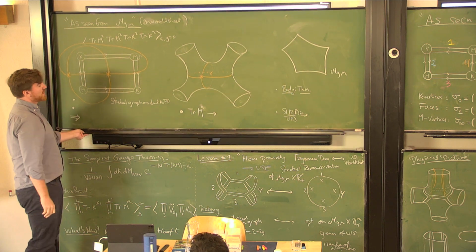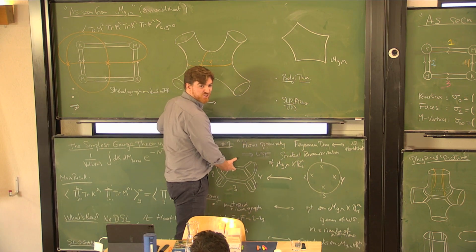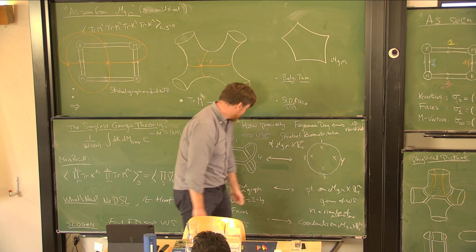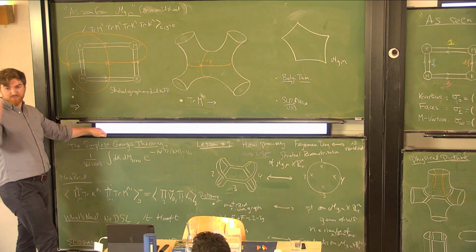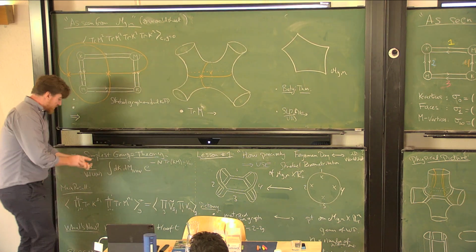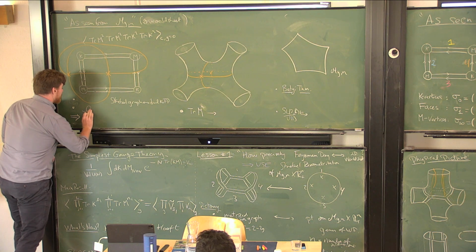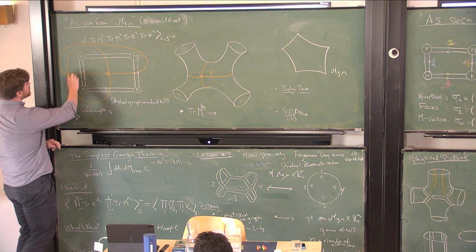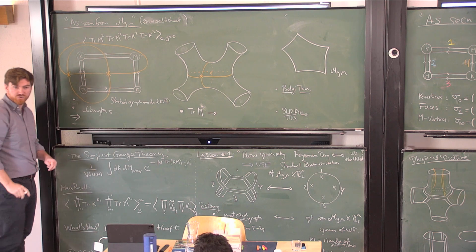Okay. Now, what I was telling you over here is that we need not just the graph, right? That's just some discrete information. What I need to do for the coordinates on moduli space is assign these lengths to the edges, okay? So this is a bit of an art, and we've tried several things, but this is the one that seems to work. We can ask, what is the length assignment? The lengths that we're going to associate to each of these edges is going to be the number of Wick contractions between the vertices that it's crossing.